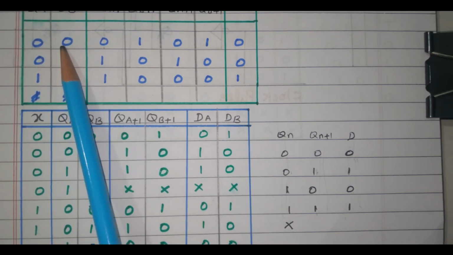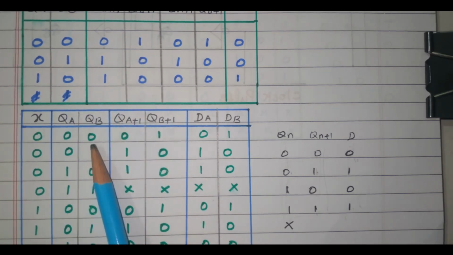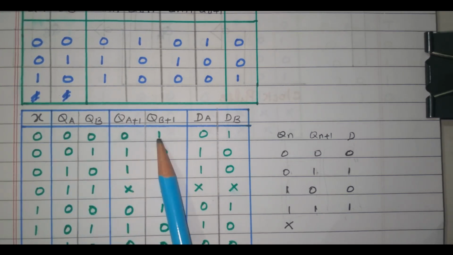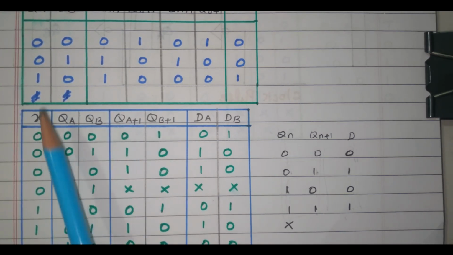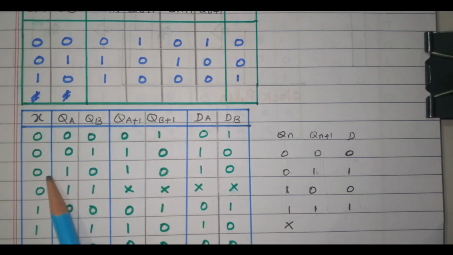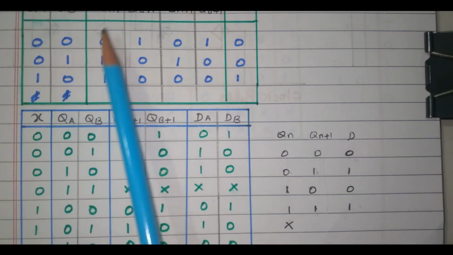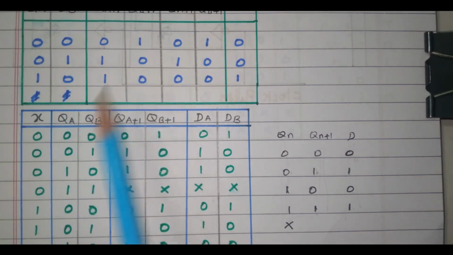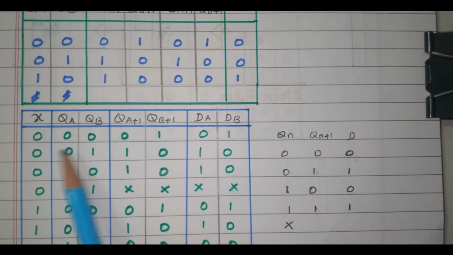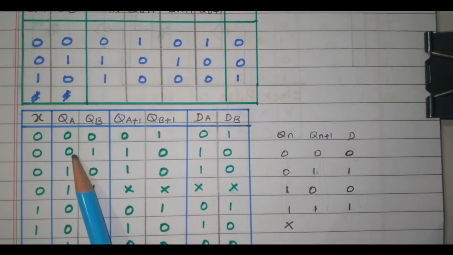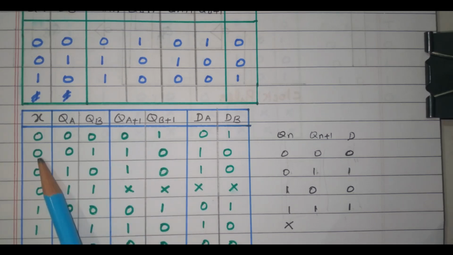That is, 0 0 goes to 0 1, for an input of 0. Similarly, 0 1 goes to 1 0, 1 0 goes to 1 0, right? So, for all these cases, the input is x equal to 0. 0 0 to 0 1, 0 1 to 1 0, for x equal to 0.